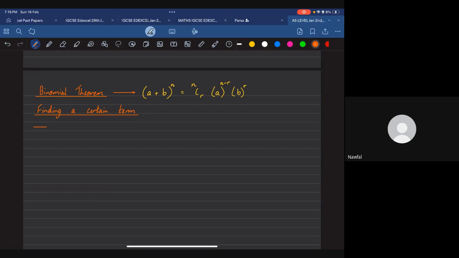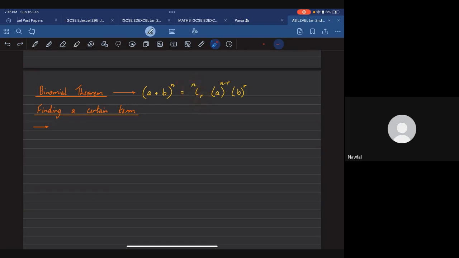Let's see. For example, whenever you're going to be using your binomial theorem to find out a certain term, it is simply going to involve your required power as well as your total power.